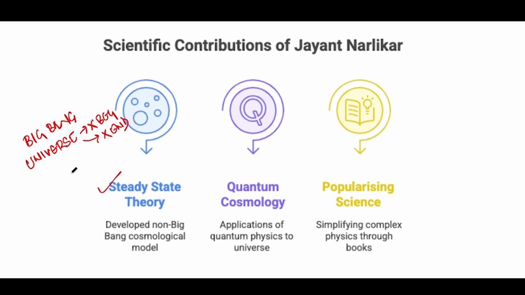They together proposed that new matter is constantly created to keep the density of the universe the same as it expands. So what cannot be denied is the expansion of the universe. But in order to maintain the same density, new matter is continuously being created.